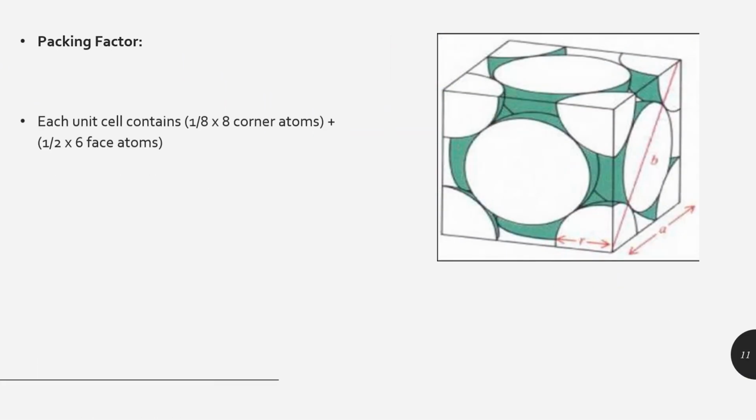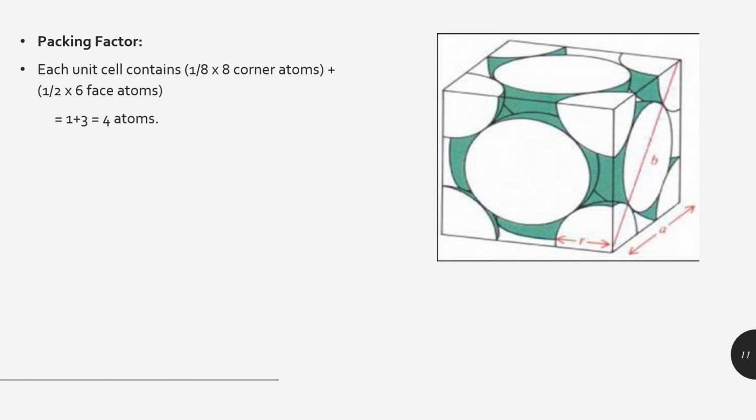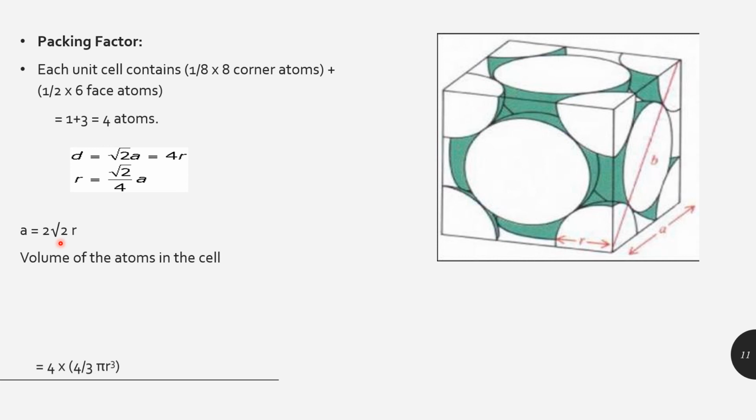Now we will find the atomic packing factor. We had found the number of atoms in a unit cell to be 4. Atomic radius also we had found, so a is equal to 2 root 2 R. Volume of the atoms in the cell will be 4, the number of atoms, into the volume of one atom, 4 by 3 pi r cube.